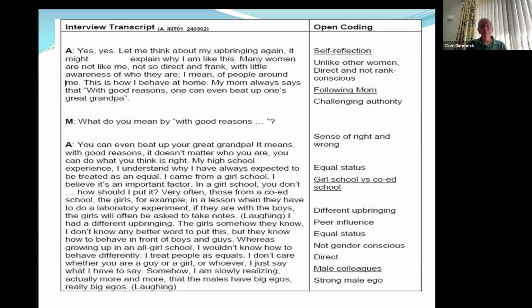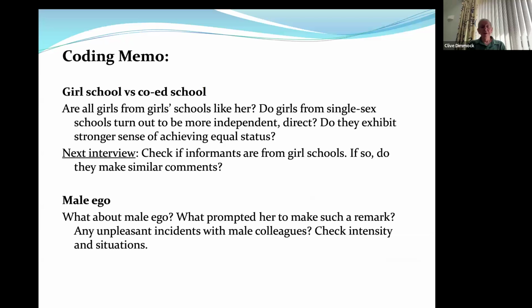So here's an example taken from my student. The transcript's on the left, and she's forming these codes on the right-hand margins. So she's going to form hundreds of these as she goes through the transcripts. And then she's going to write memos to herself, what these codes are raising in her mind about, these are women. Did they all go to girls' school?